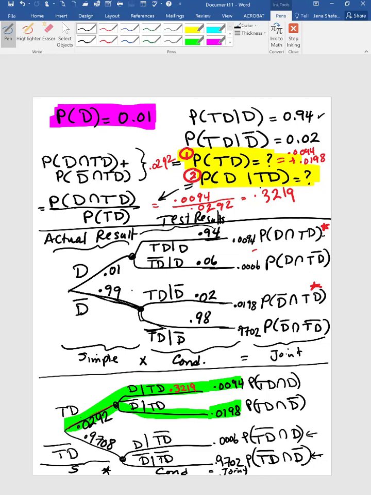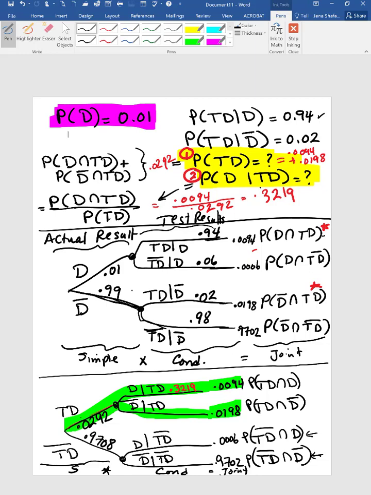So if you have the joint and you have the simple, then all we have to do is divide the joint by the simple probability to get the conditional, which is 0.3219.